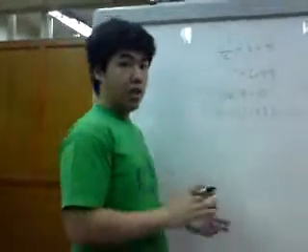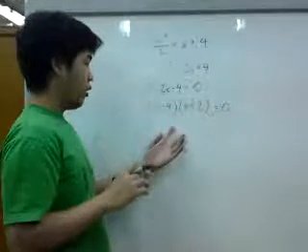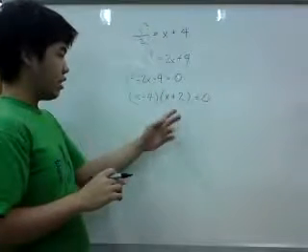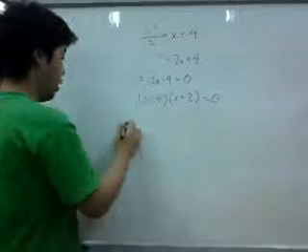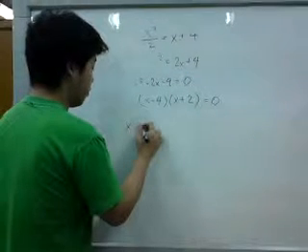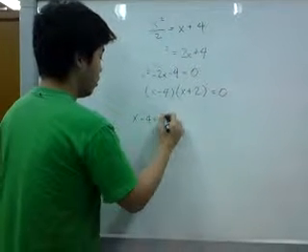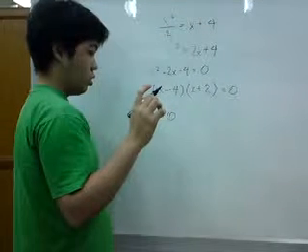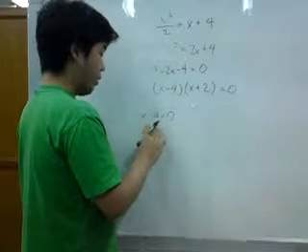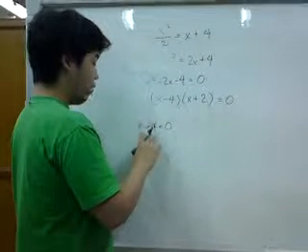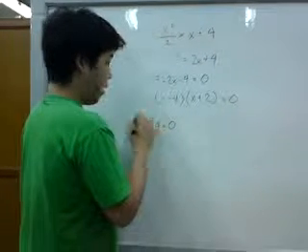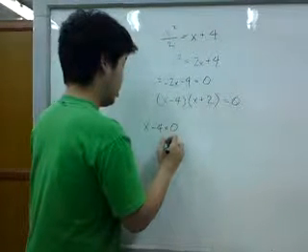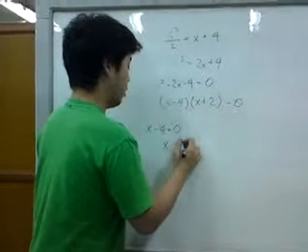We'll be using two linear equations since we have x minus 4 and x plus 2. For the first one, x minus 4 equals 0. We only have to transfer negative 4 to the other side of the equation by adding 4 to both sides. So now we get x equals 4.